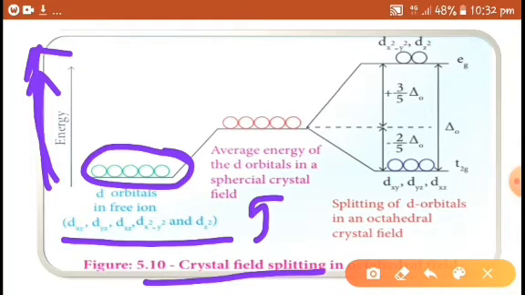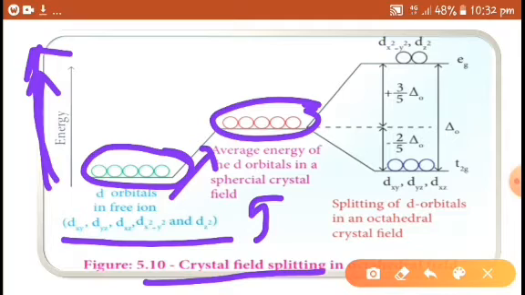First of all, when the ligands approach the metal ion, they produce a hypothetical spherical field which repels all of the orbitals to the same extent. This repulsion raises the energy of the d orbitals to the same extent. So in this hypothetical spherical field, the energy of the 5 orbitals is increased to the same extent.